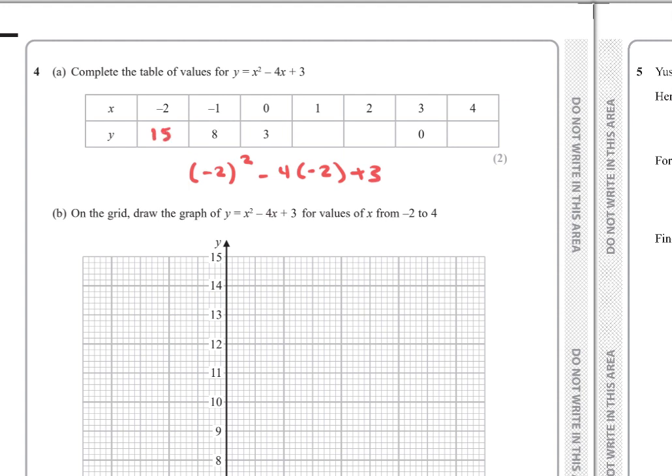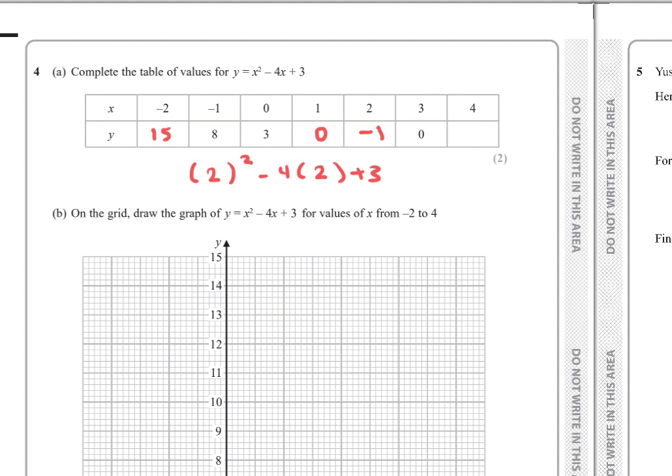By the same way, substitute x equal 1. So 1 squared minus 4 times 1 plus 3 equals 0, so put 0. Substitute x equal 2. So 2 squared minus 4 times 2, so 4 minus 8, -4 plus 3, so -1.